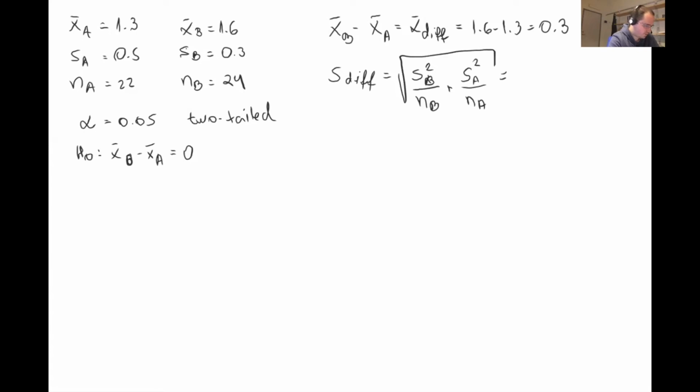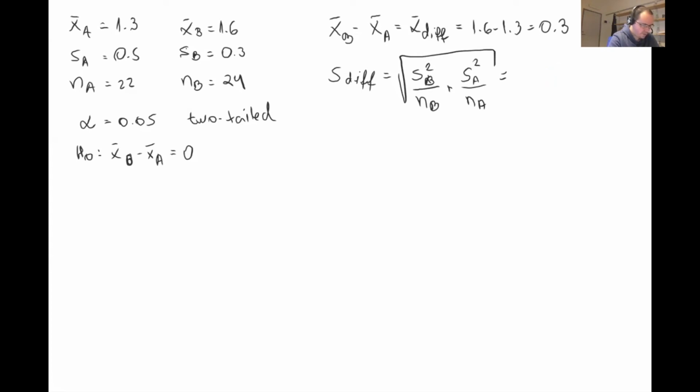And for this, of course, I will end up using a calculator, but initially the computation is not that hard. So basically, sorry, I'm doing the opposite here.